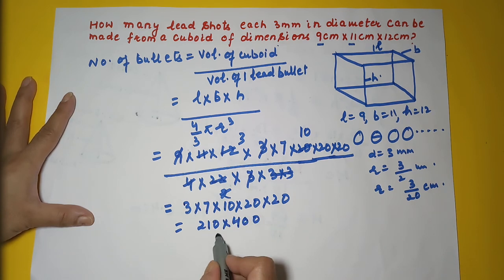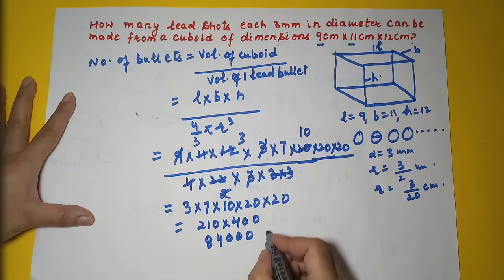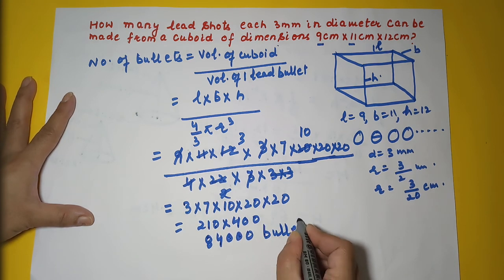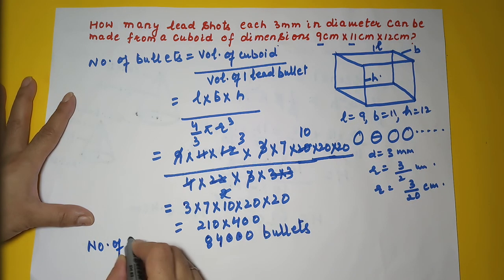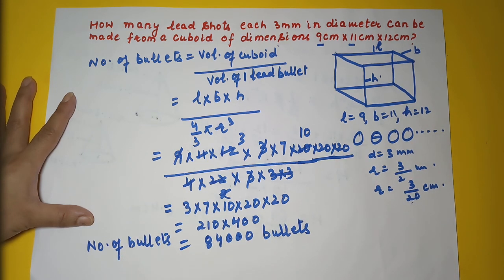So 4 1s are 4, 4 2s are 8, and then these 3 zeros. So these many bullets will be created from this cuboid if you are melting this, of 3 by 20 centimeter radius, right?